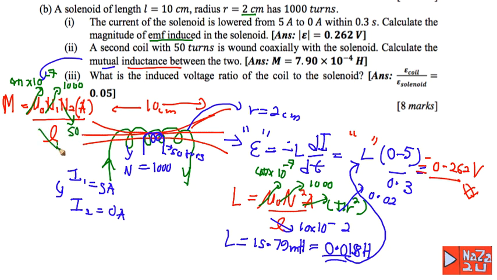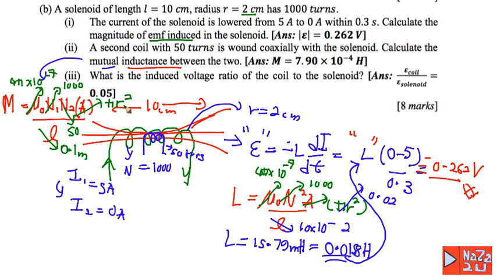The length refers to the first solenoid, 10 centimeter or 0.1 meter, and the area A is the area of the first solenoid, pi r squared.